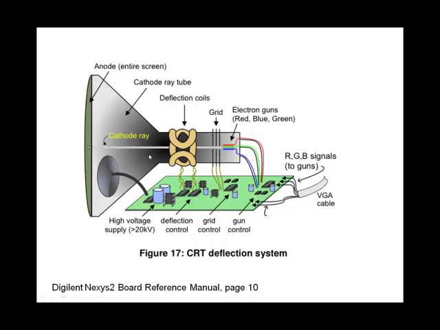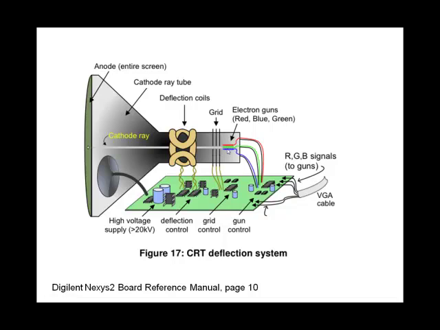The cathode ray then draws a color on the screen based on the values of the red, blue, and green. At any given moment of time, the cathode ray is pointing to a single location on the screen, and the color at that location is determined by the analog value of the red, green, and blue signals.